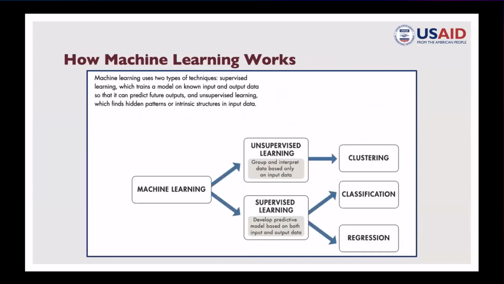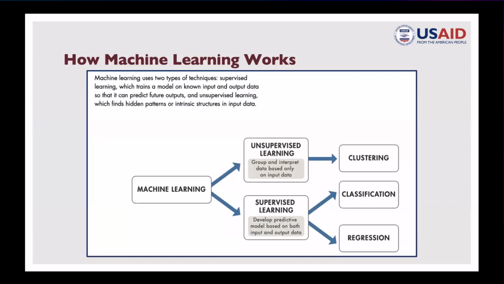Now, before we proceed to the workflow process, let me give to you the different techniques or learning algorithms under the machine learning branch. So in general, we have two learning techniques, which are the supervised learning and the unsupervised learning.